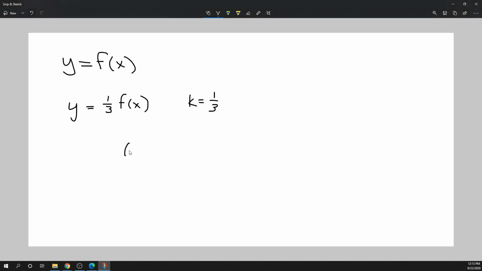If we have the point 0, 0, we know what we're going to do to each of these points is multiply the y value by k, which in this case is 1/3. Okay.